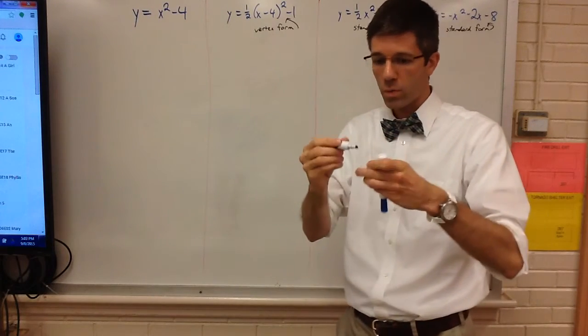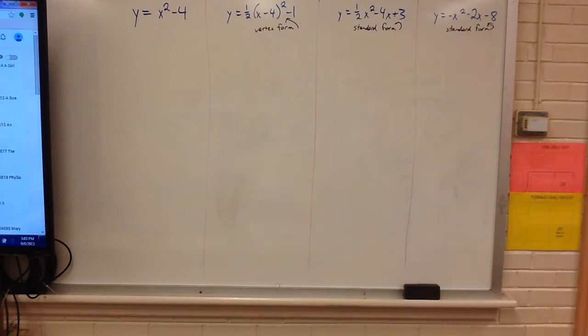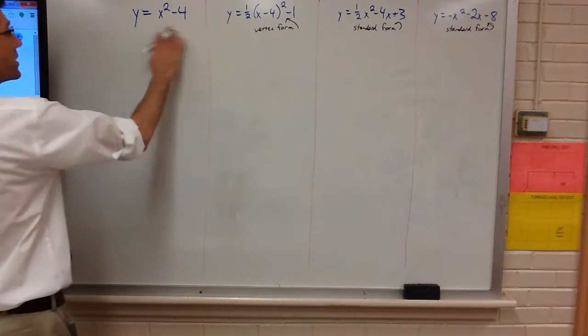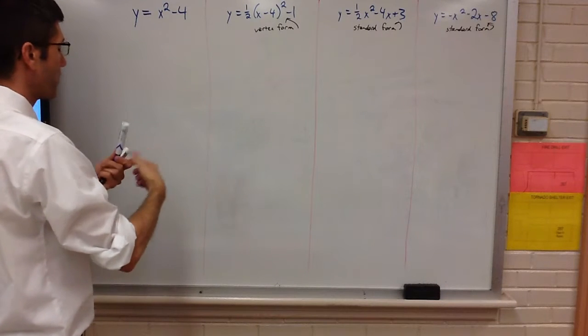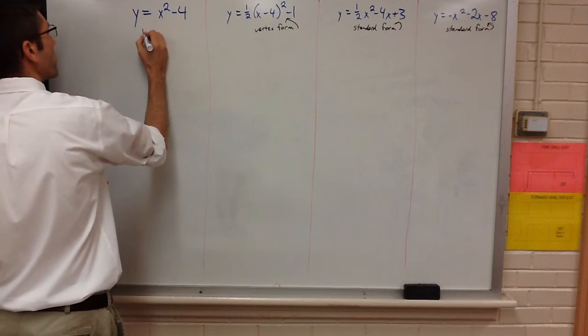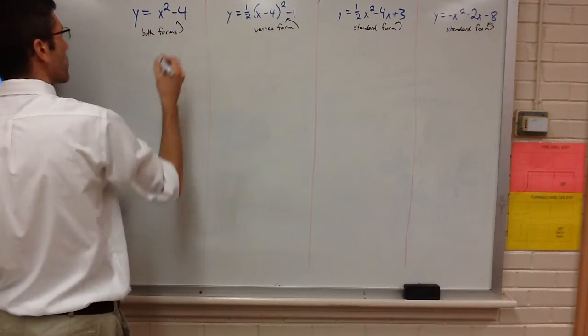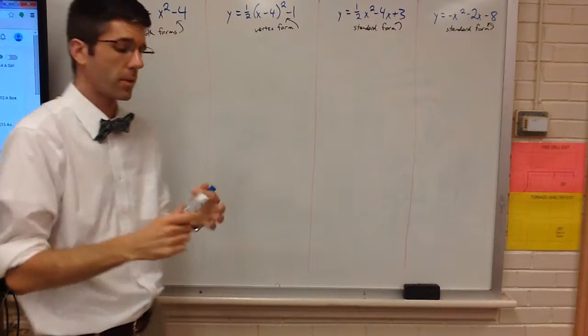I'm going to write it both ways really quickly so you can get a glimpse of what it looks like. This is vertex and standard form, and I'm going to write both. This is in both forms, one of the few that can be both. By the way, if the B component is 0, it can be both.